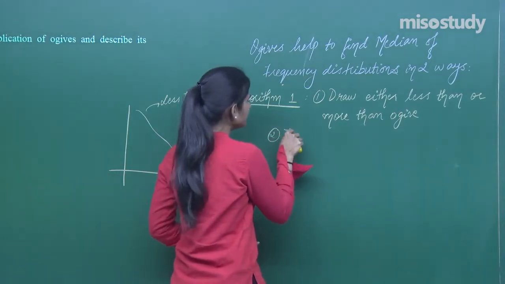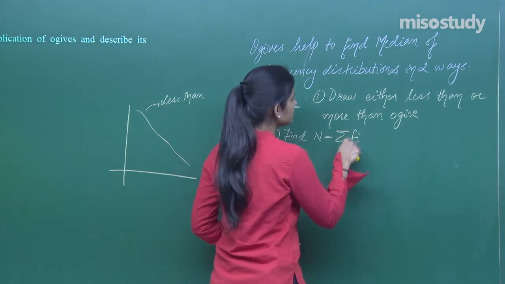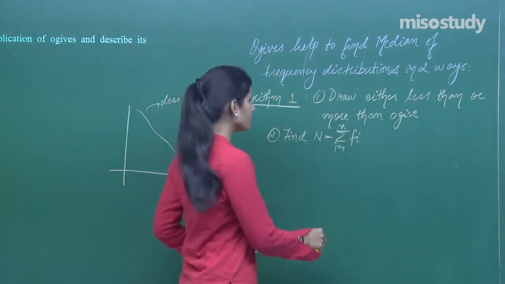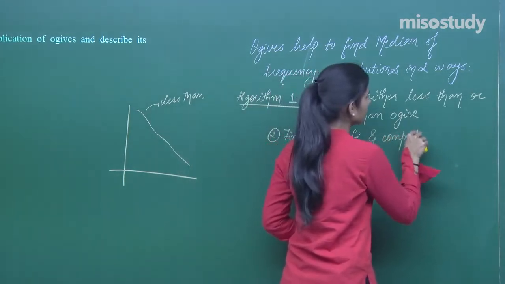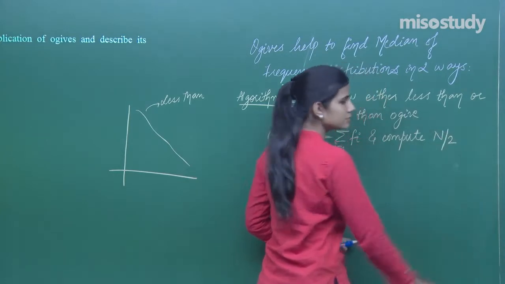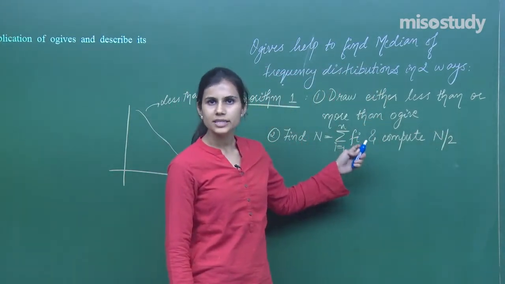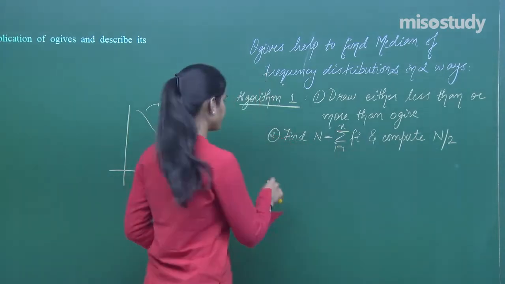Second, find capital N, which is the sum of all frequencies, and compute N by 2. This will be some value. So a frequency distribution is given to you. You have so many frequencies, add them all up, get capital N, divide N by 2, get N by 2.